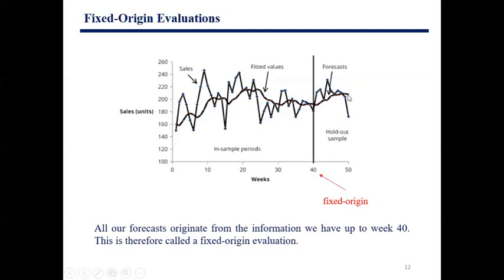So for example, if the accuracy for one period ahead is good, the accuracy for 10 periods ahead, logically, will be lower than the one period ahead, because we are far ahead in the future, and it's more difficult to predict the future when the lead time increases. And with the fixed origin evaluation, we will calculate the average of all these periods, even if their accuracies are very different.